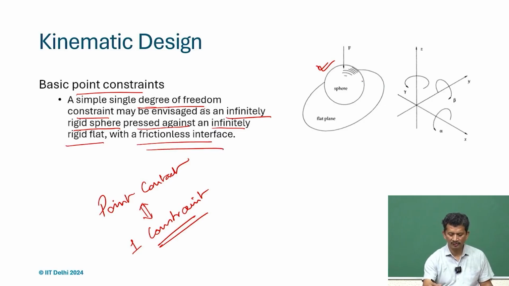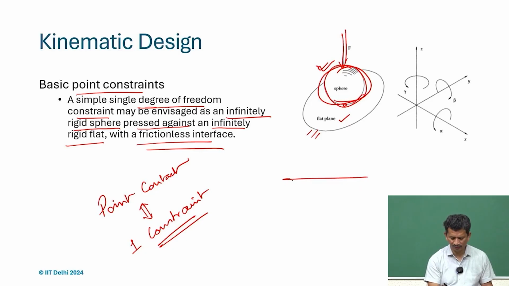So, this is what we are talking about. We can have a very large sphere and then a flat here and press against it, so that we have only one contact made. If we look at this spherical ball and then pressed, this will be the point contact and this will provide the constraint. So, you can say this is the constraint line.